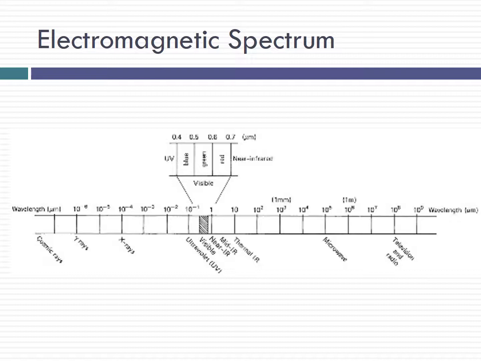So when we look at the electromagnetic spectrum, we're looking at the wavelength of the energy, starting all the way down here with the very, very, very short wavelength. That means that the distance from one peak to the next is not very much. Okay? And that would be things like cosmic rays.